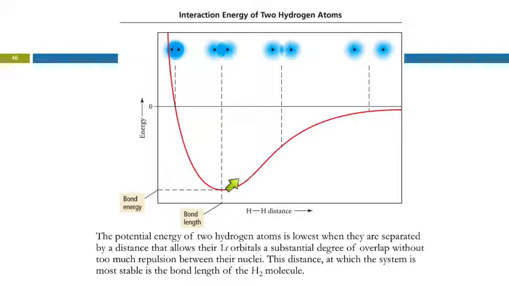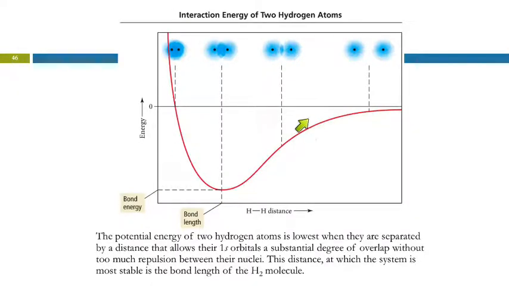And we keep going and we get to a point, a distance, where we have maximum attraction, minimal repulsion. And so this is a low energy point. If we push those hydrogen atoms closer together, now the nuclei are getting too close and they're going to repel each other. So you keep pushing them together and then the energy goes back up.